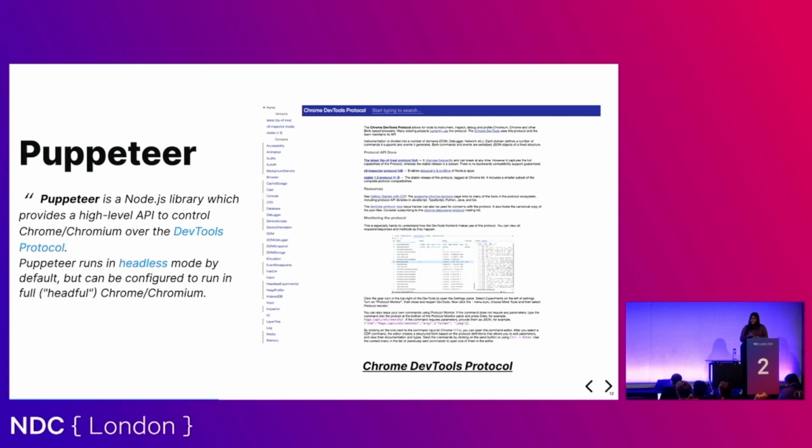So you can inspect the browser, you can debug the browser, you can ask it to do specific things. Puppeteer currently runs in headless mode by default. You can also set it up to run an actual Chrome or Chromium browser. The underlying thing here is that under the hood, it uses the Chrome DevTools protocol, which exposes different APIs like the browser, the page that you can now use within Puppeteer.